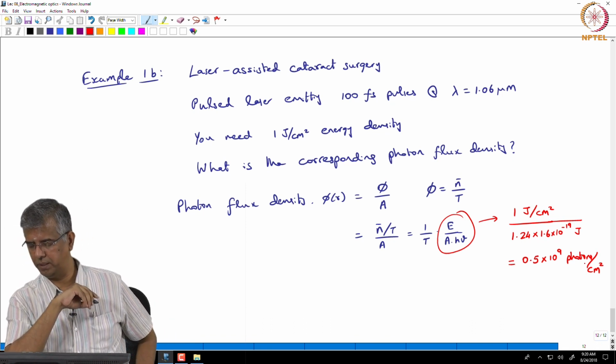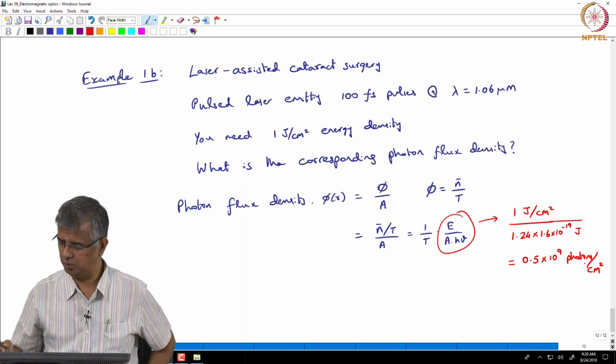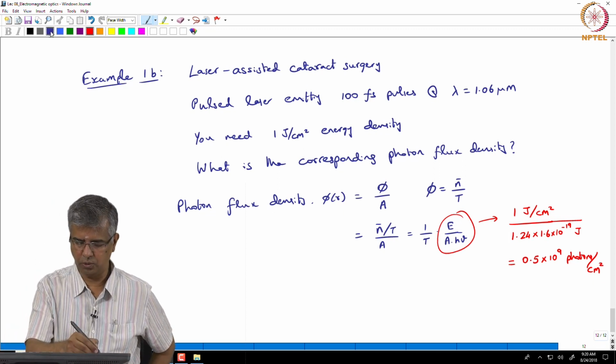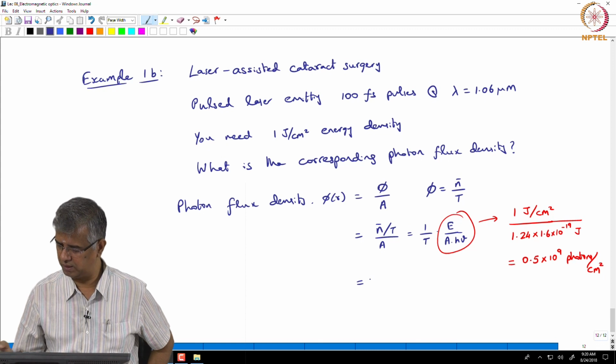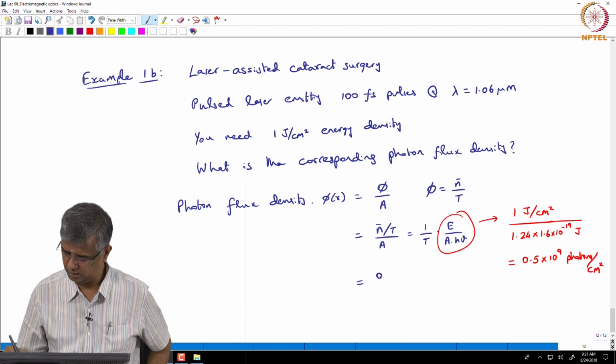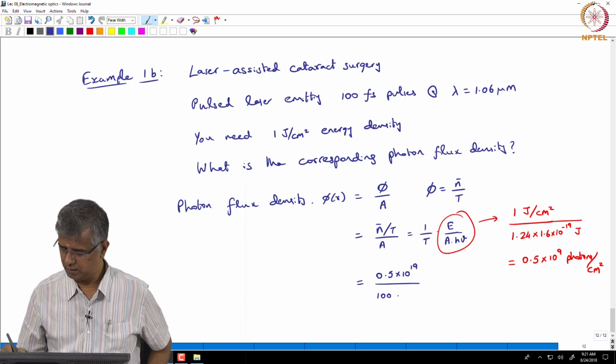So that will be the quantity here, and to get the photon flux density, you just substitute that into this other expression, which is basically you say 0.5 into 10 power 19 over the time.